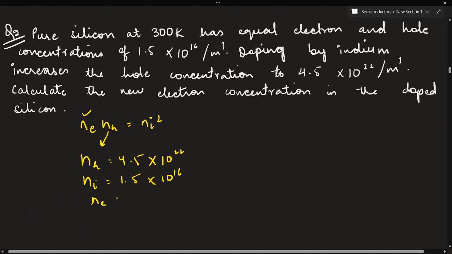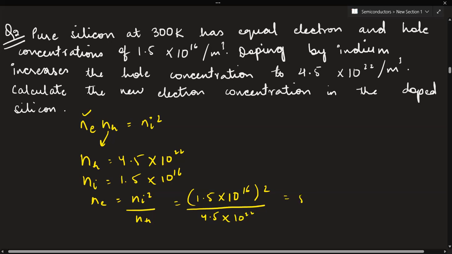So Ne will be equal to Ni square divided by NH. This is 1.5 into 10 to the power 16 whole square, divided by 4.5 into 10 to the power 22. So this gives, as rightly said by Faisal, 5 into 10 to the power 9 per meter cube.